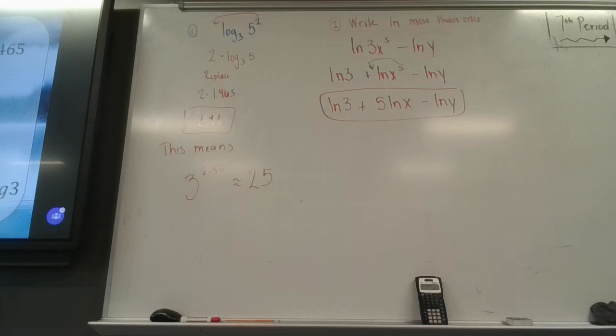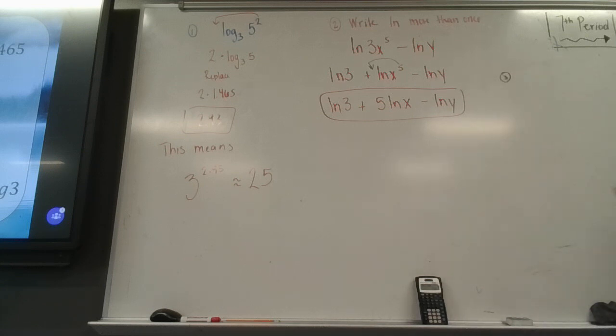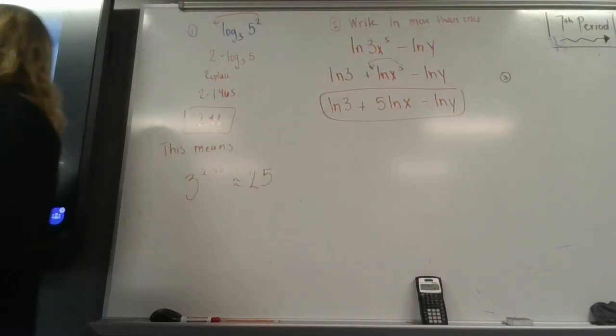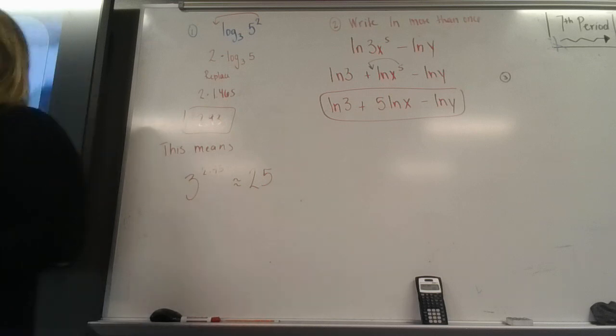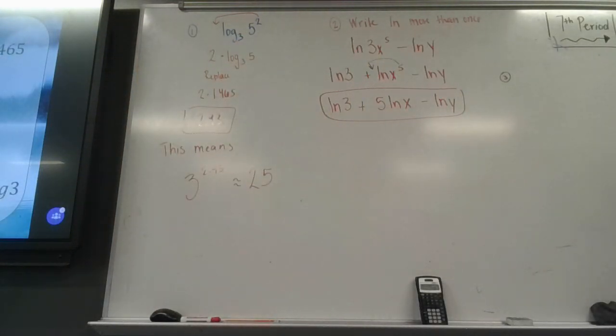Number 3, condense. Expanding means you're going to write the log out more than once. Condense means you're going to try to smush it down into one log. So here we have 3. We're going to try to smush it down into just one log using the properties. Okay, what would I do first?